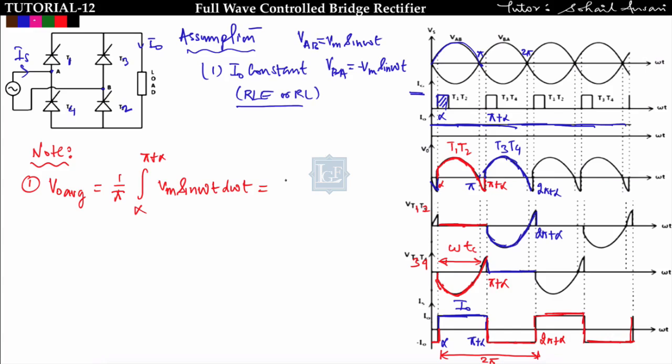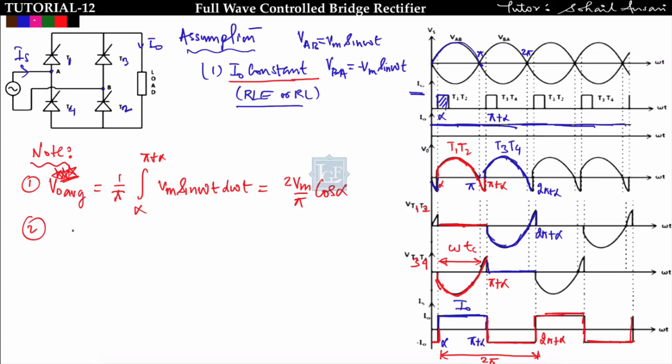Solving this, you will get 2 Vm upon pi into cos alpha, and this is the most important relation for output voltage. Most of the questions are framed from this average output voltage, 2 Vm upon pi into cos alpha, in a full wave controlled bridge rectifier when I naught is constant. When I naught is discontinuous, this formula is not valid. So only for continuous I naught is this formula valid: V naught average is equal to 2 Vm upon pi into cos alpha.